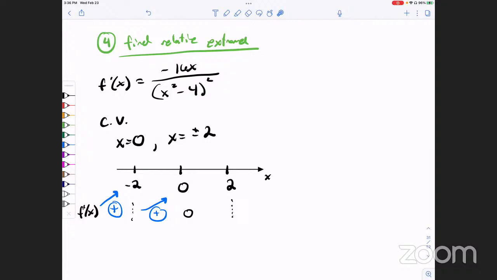So that makes all of these values negative in the first derivative, which means our function should be decreasing between 0 and 2. And then to the right of 2, let's try 3. If we plug 3 in, we get a negative on top and a positive on bottom. So that makes all of these negative. So we found one extrema. We found the relative max.